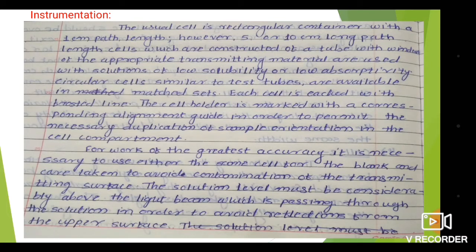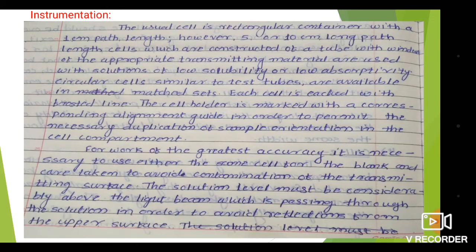For work of the greatest accuracy, it is necessary to use either the same cell for the blank, and care taken to avoid contamination of the transmitting surfaces. So the solution level must be considerably above the light beam which is passing through the solution in order to avoid reflection from the upper surface.